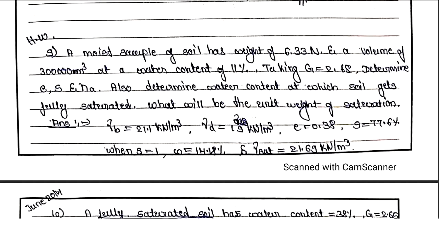After finding all those quantities, we can find the water content at which soil gets fully saturated. When the soil gets fully saturated, that is S is equal to 1, what is the water content? By keeping S is equal to 1, I have to find the water content, that is small w, in the second case, and by using that I need to find the unit weight of saturated soil.